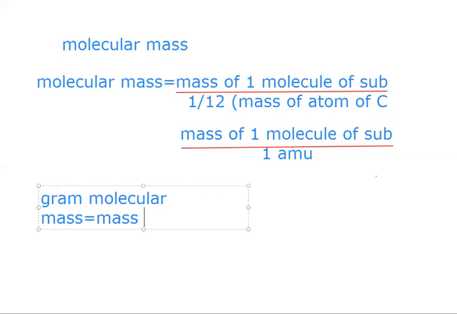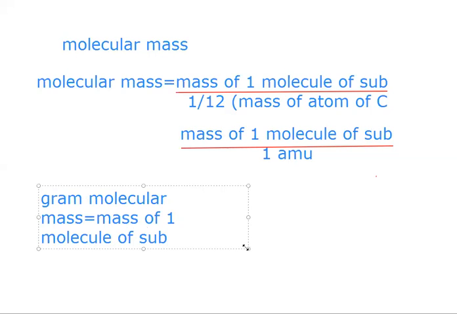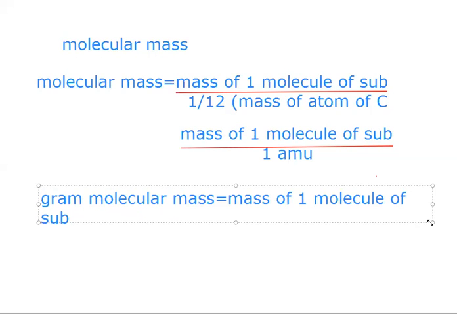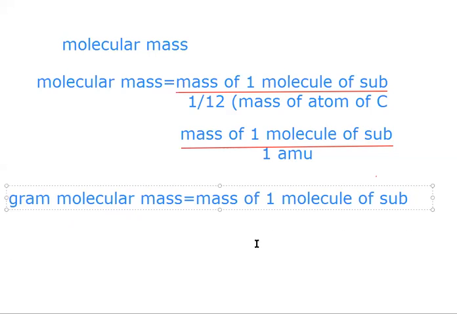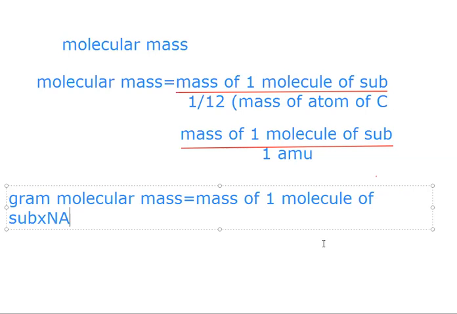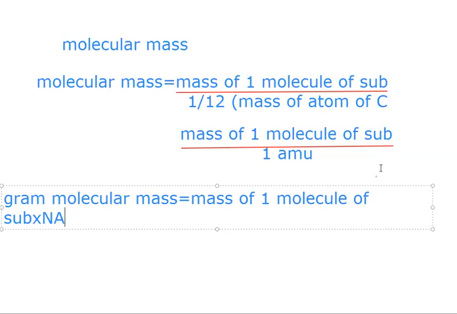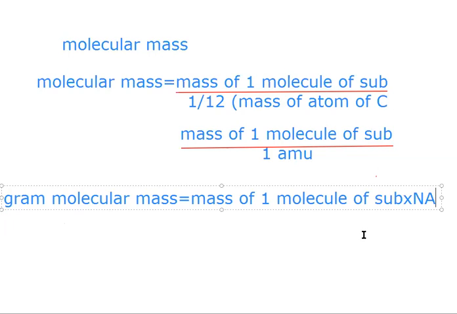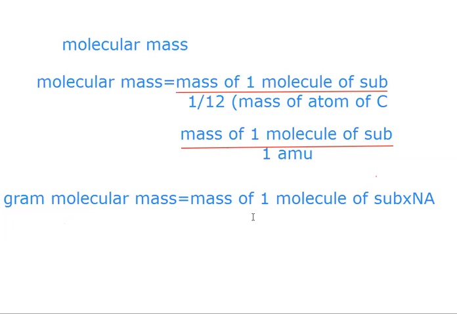So here we write the mass of one molecule of substance, and since it is for 1 mole, it will be divided by Na. As it was calculated there, here also it has the same concept. So this will be the formula for the gram molecular mass.